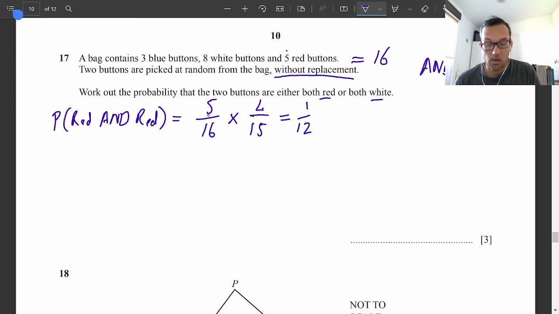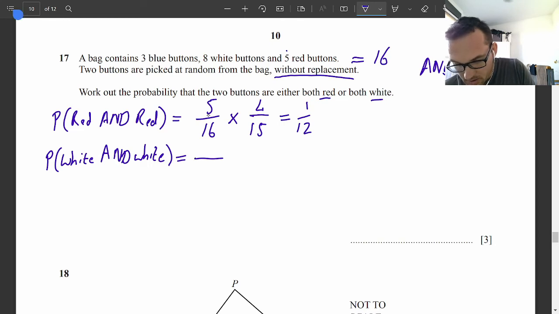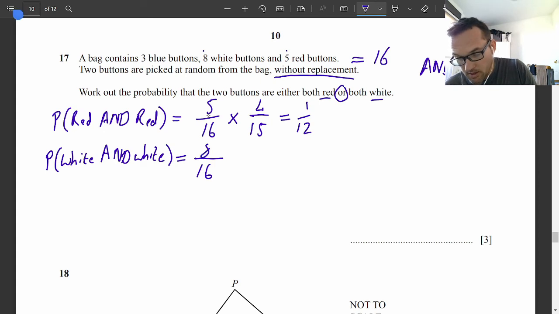Right, then the next one, the probability of getting a white and a white. So probability white and white. Okay, this is a different event. Okay, this is or this can happen. Right, so again, we start from the beginning. There's 16 buttons. Probability of getting a white one is 8.